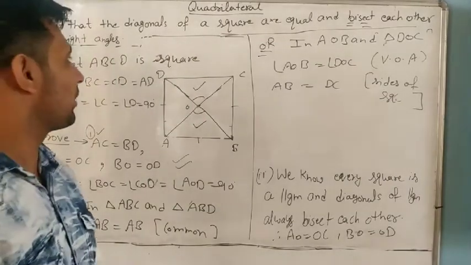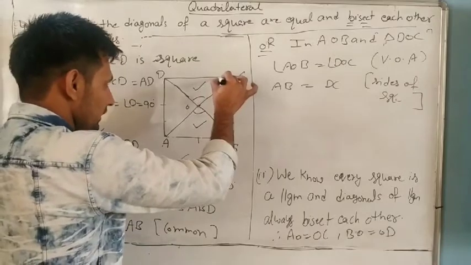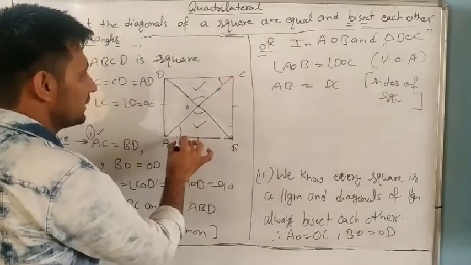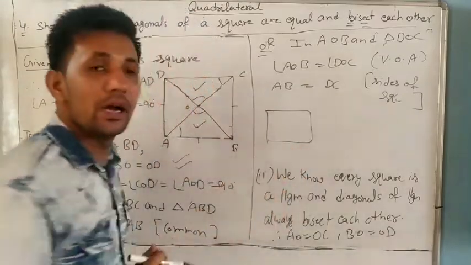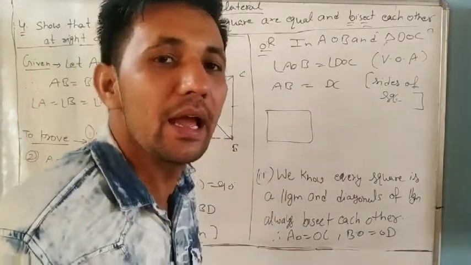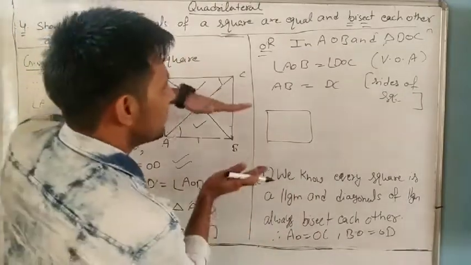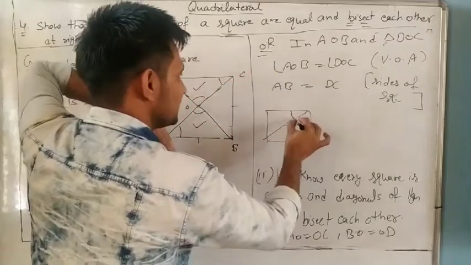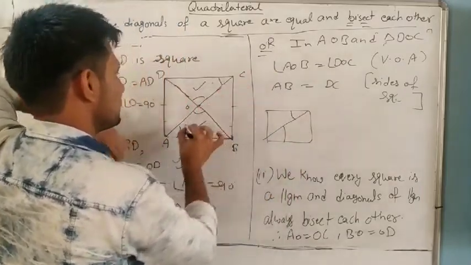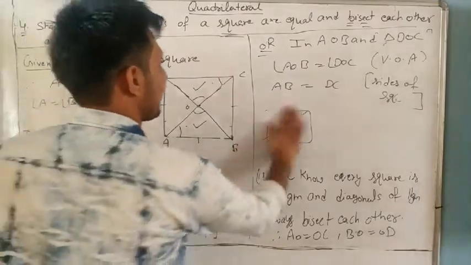So which one remains now? Only one property. Can you say which? This angle and this angle. We know it is a square, and a square is a parallelogram. It means these two sides are parallel and this is a transversal line. So this angle and this angle are alternate interior angles, and alternate interior angles are equal.